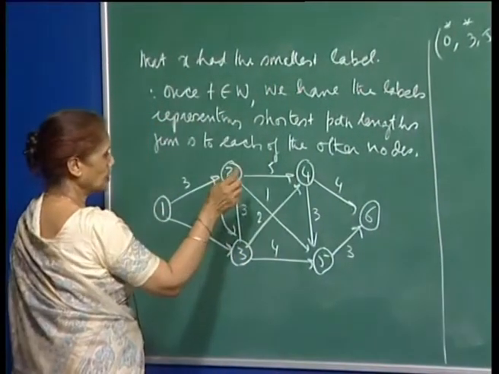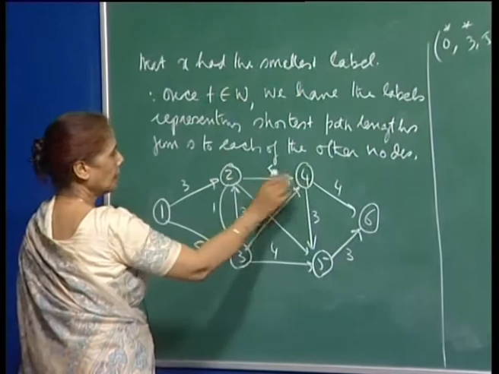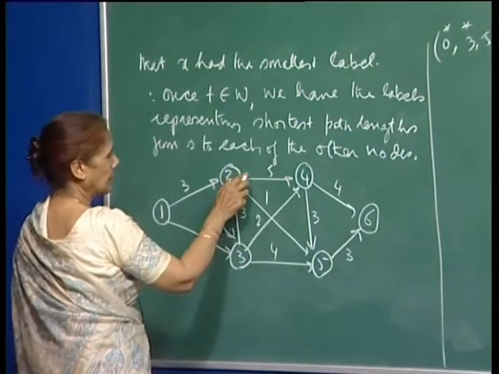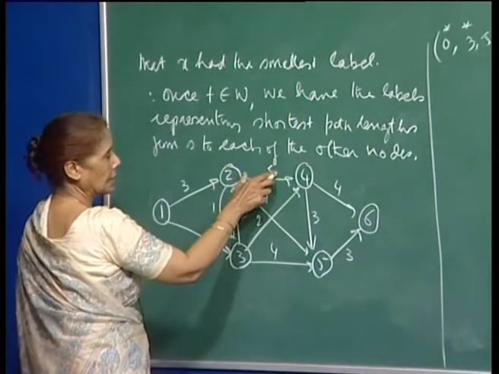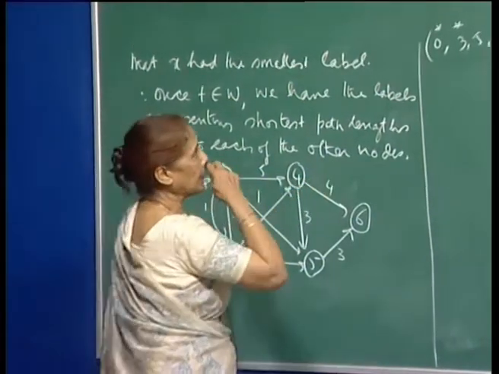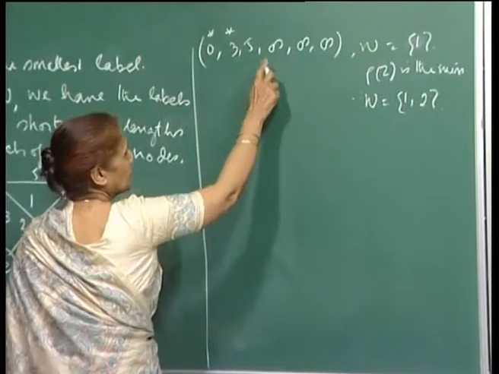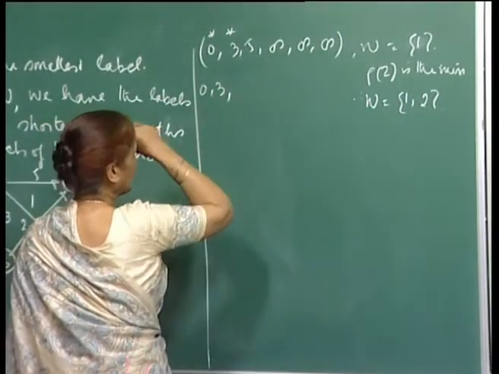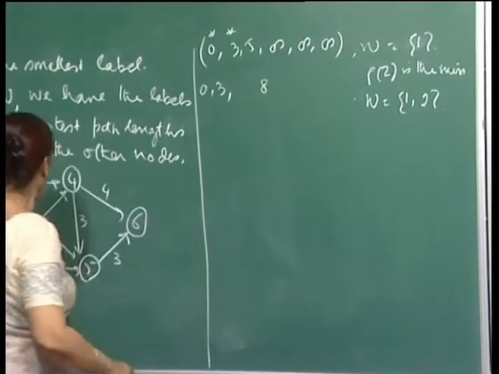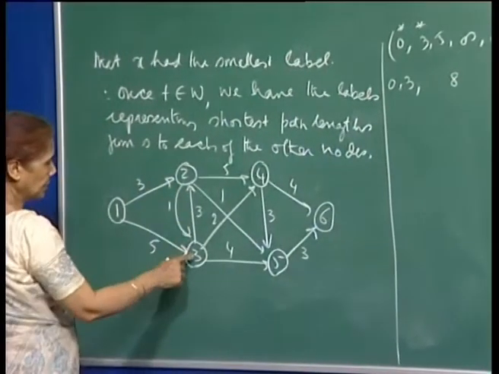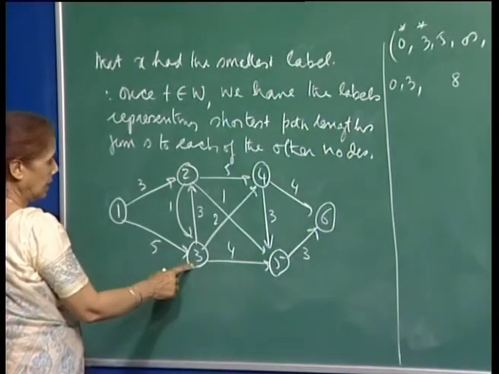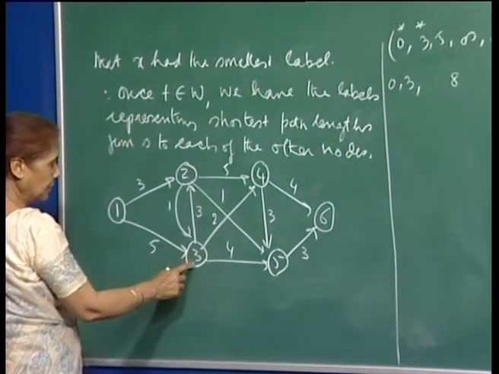Say, for example, for this one, 4 is connected to 2, and the label here would become 8, and the original old label was infinity, right? So that means here I can write down 0, 3, and this one would become 8, right? Then for node 3, for example, the earlier label was 5.